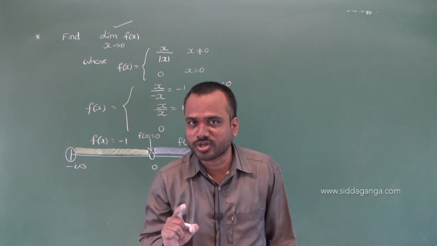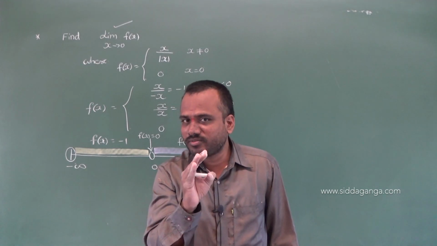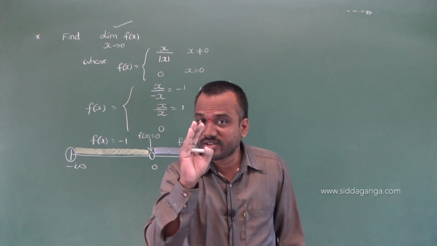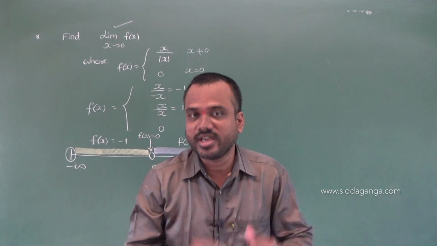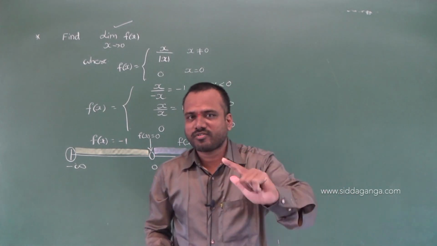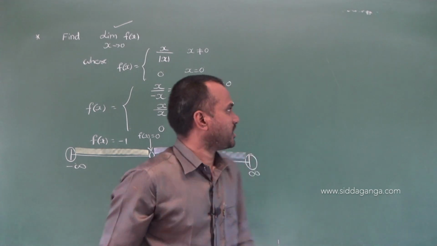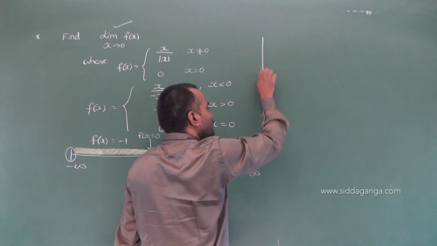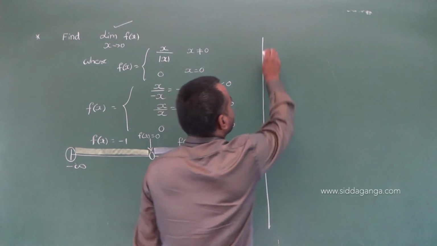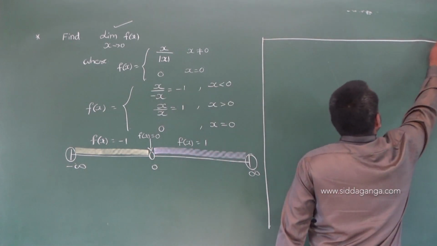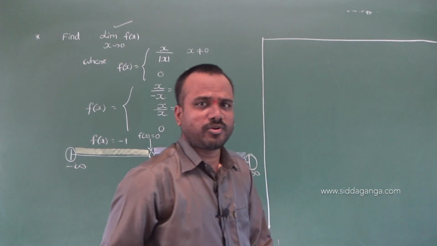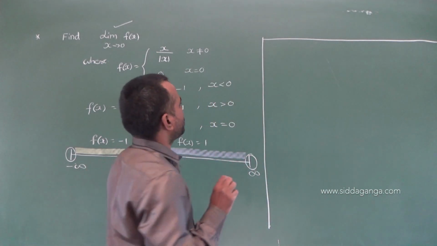Then what is the conclusion? Left hand limit and right hand limit are different, not the same. So we find left hand limit and right hand limit individually.